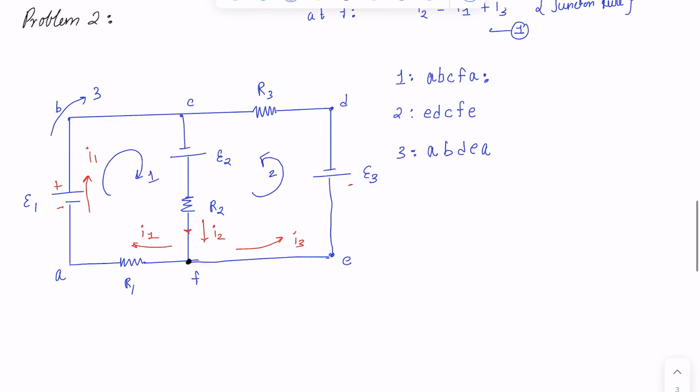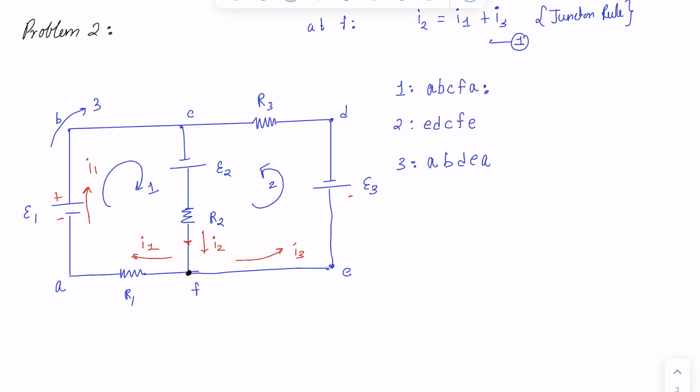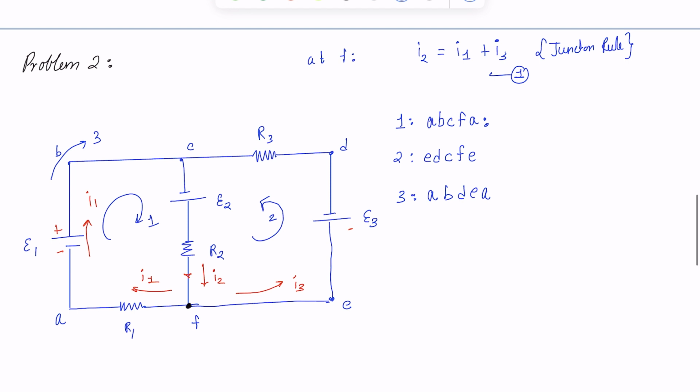So I'm going to do exactly that here. The very first thing will be positive epsilon 1, positive because when I'm here, the first terminal I encounter is negative, and the opposite of that should be the potential drop. Then I go around this loop, and the next thing I see is this battery.